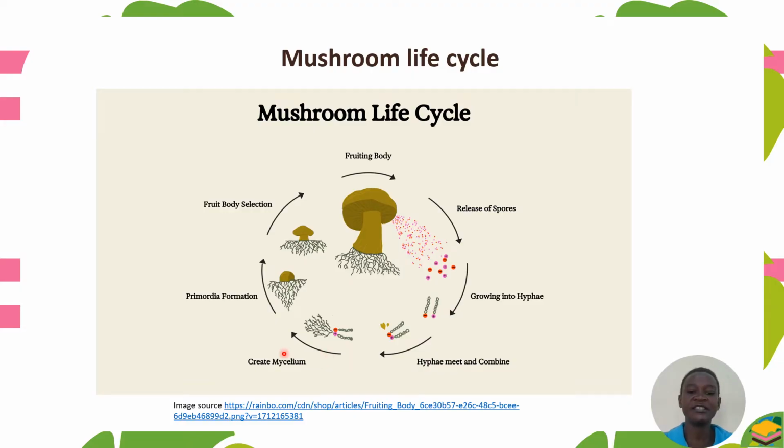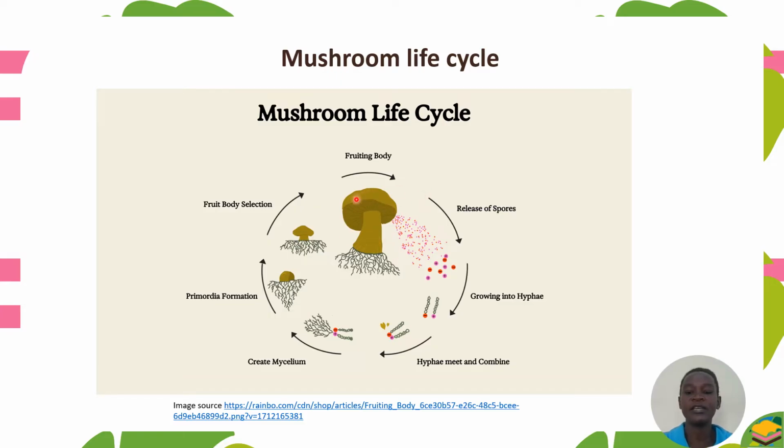So another stage is mycelium. From mycelium, it forms primordia. This is another stage of the life cycle of the mushroom, primordia formation. Then later on, the fruit body will start coming out. Then it forms a mature, fully grown mushroom.